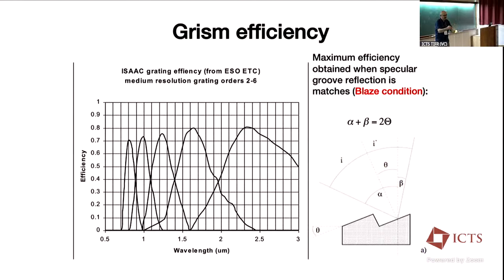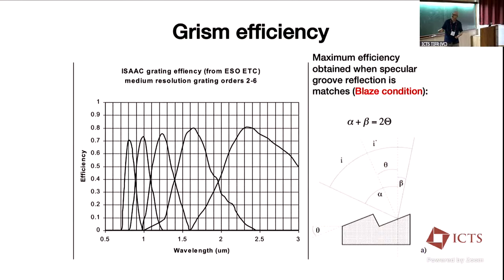It will act like a mirror. And so here you see alpha, so I is equal to I prime. If this is fulfilled, and if in addition beta fulfills the grating equation, then I am at the blaze condition and I have all the light going in this direction.